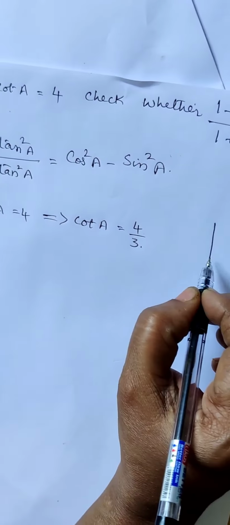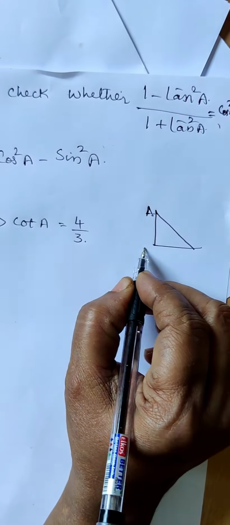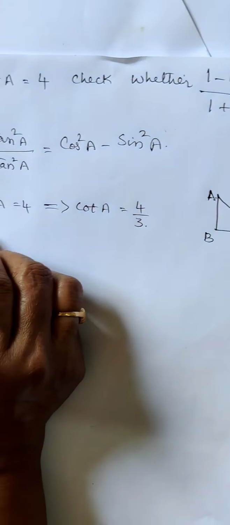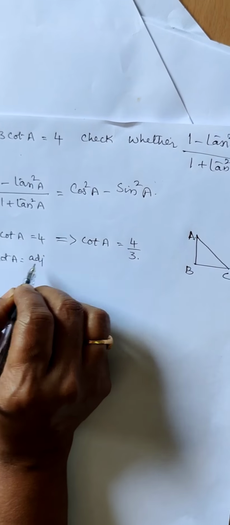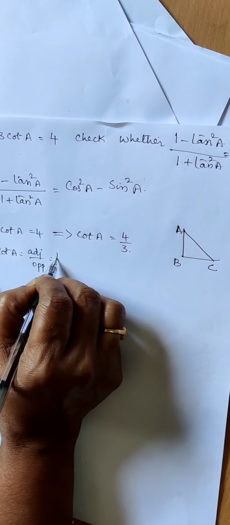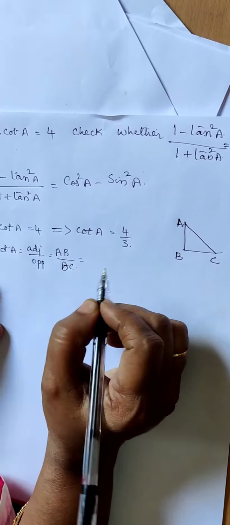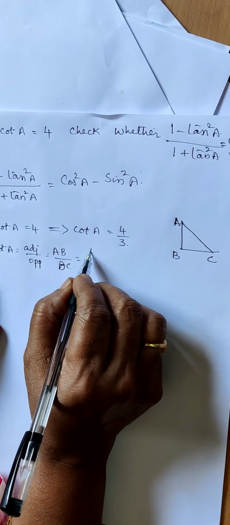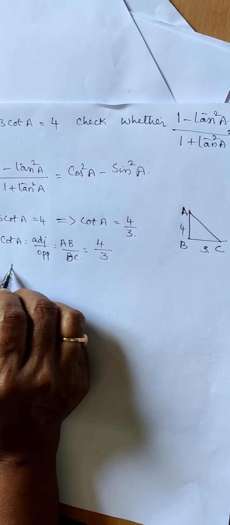Let us draw the triangle in the same way. A is acute. Let this be B, C. Cot A means adjacent by opposite, that means AB by BC. So AB by BC is 4 by 3.